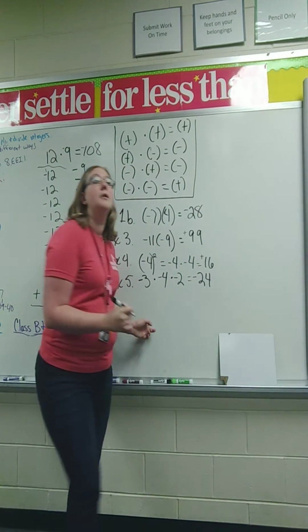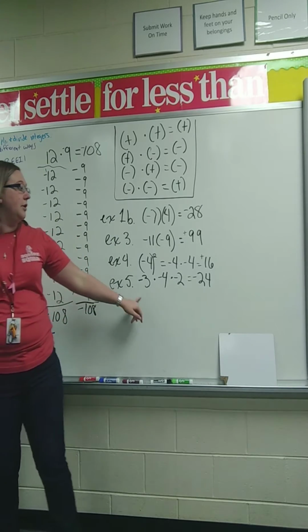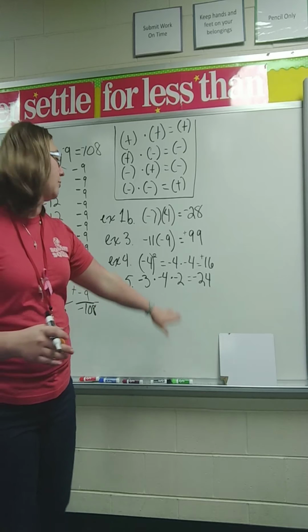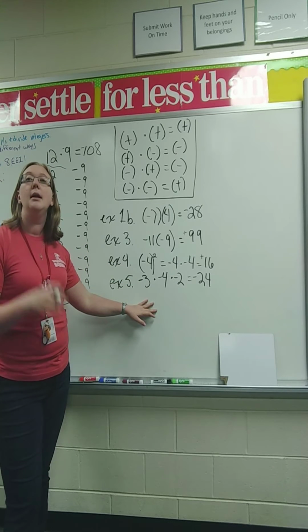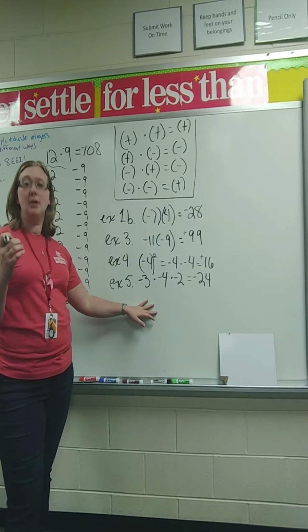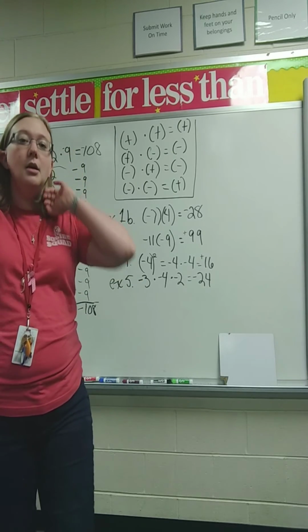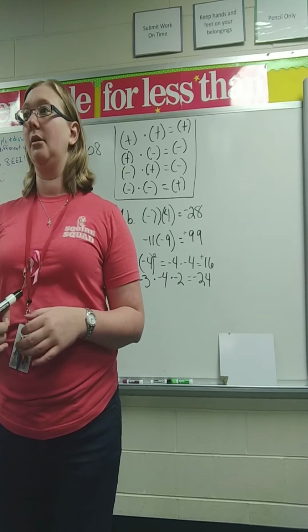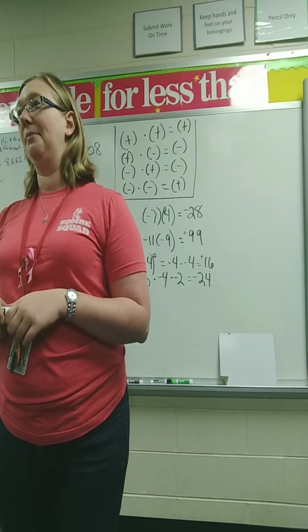The answer to this problem is negative 24. Does that make sense to everybody? So we have to make sure that we're answering the question that is asked. You just went a step ahead of me.